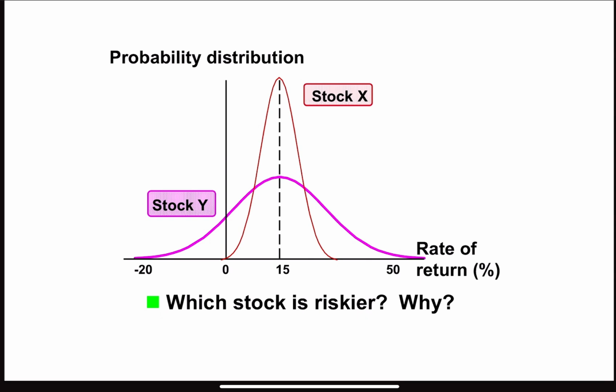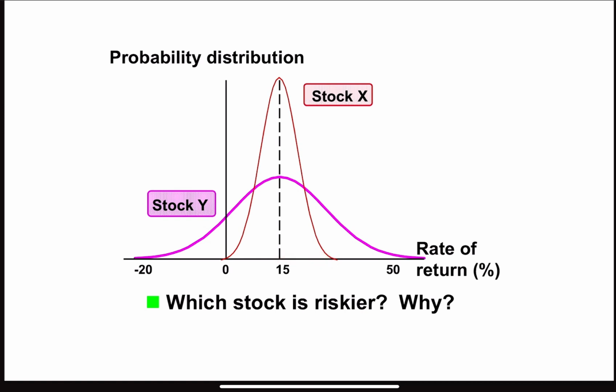Well, if we look, we can see the standard deviation for stock Y is going to be greater. It's bigger. It's longer, right? So we have a greater chance of getting a return that is on this end of the spectrum. However, with stock X, we have a smaller standard deviation, right? We have the same mean, but our standard deviation is smaller.